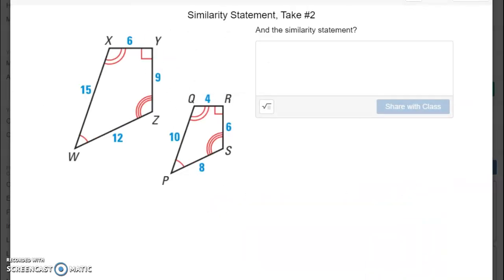Alright, then the similarity statement. Now that we've said that they are similar, how do we communicate that?